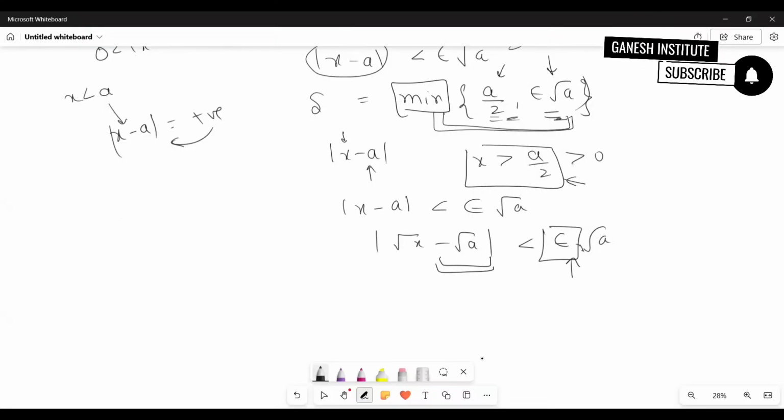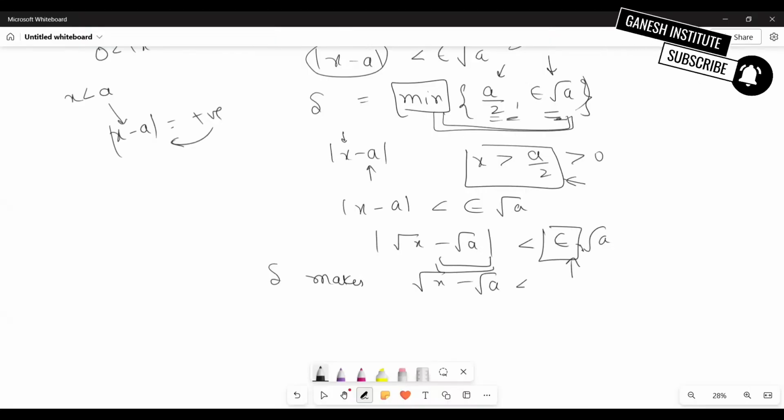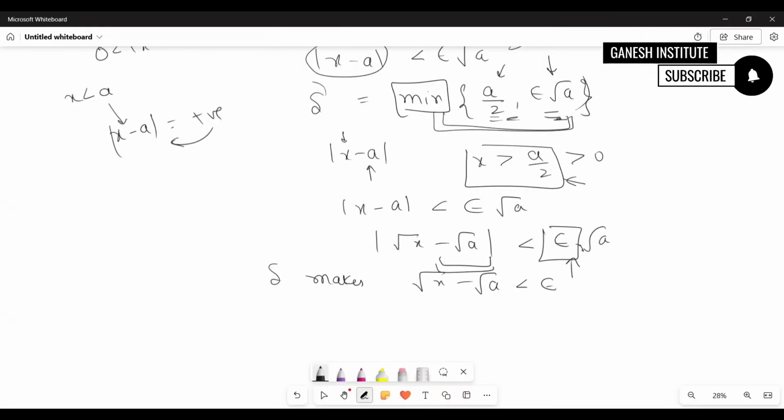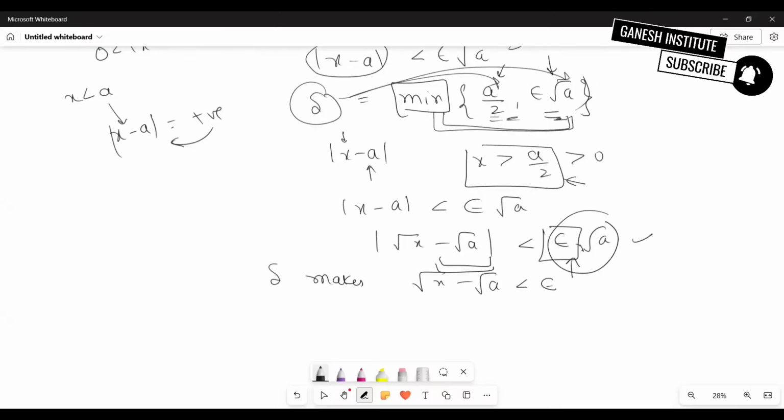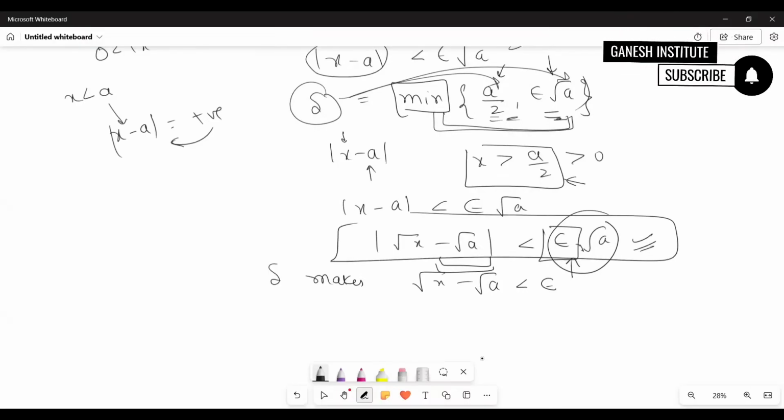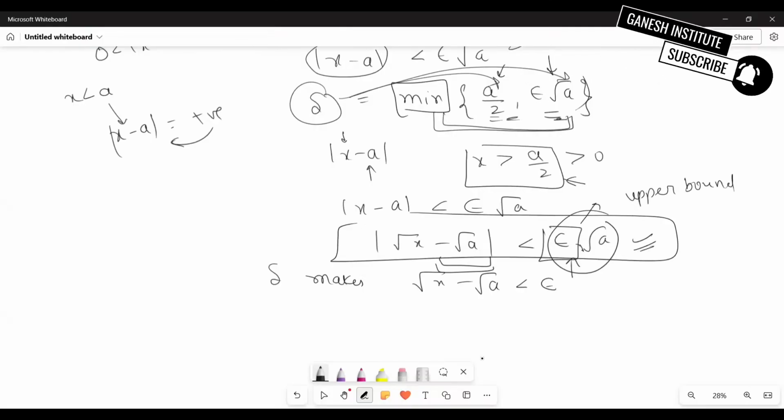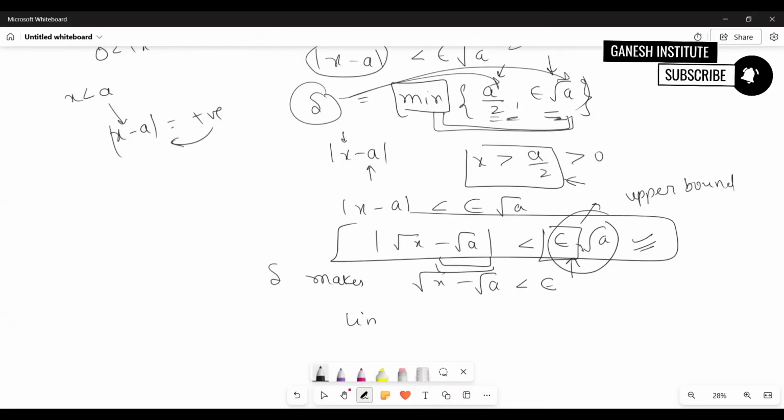That means this satisfies the formal definition: that delta is making root x minus root a less than epsilon. I have considered delta to represent in these two forms. And the final answer, which is in relation with a, is also giving me the lesser value. This is my upper bound. Okay. So this is limit x tends to a, root x is root a.